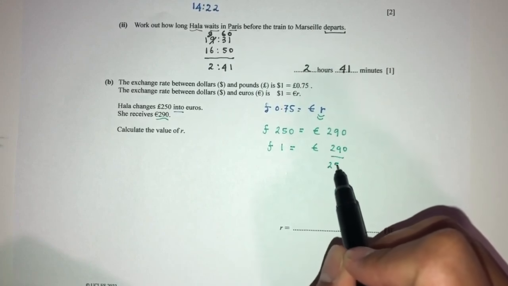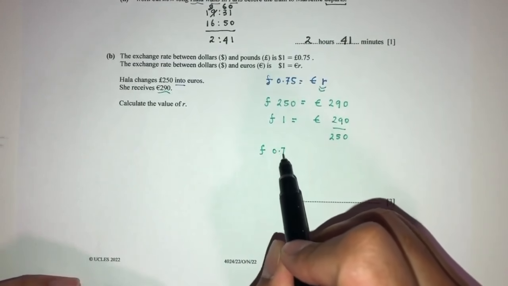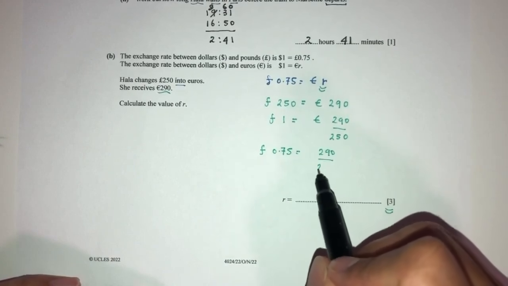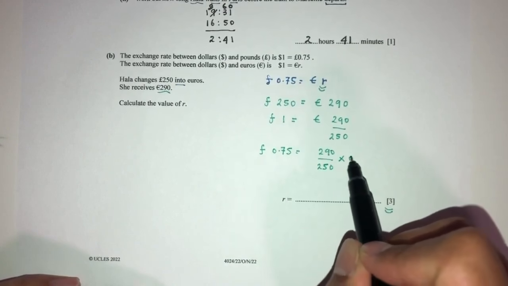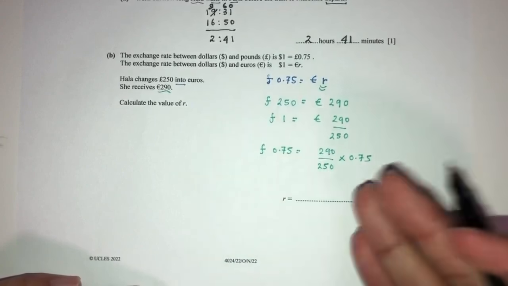You agree? Right? Now to find 0.75 pounds, we have to take 290 divided by 250 times 0.75. Because we know 1 is that much, this will be multiplied by that much.